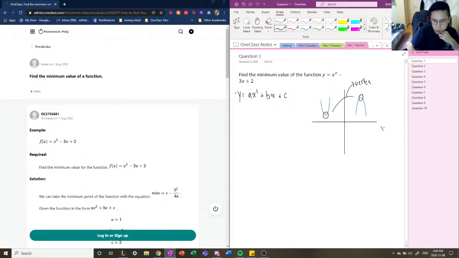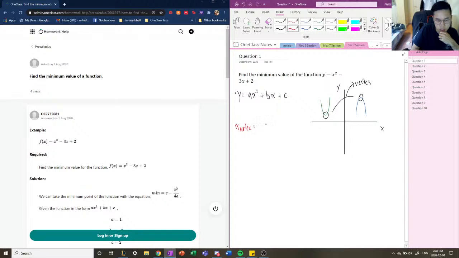There are two ways to do this. Well, essentially, there are actually three ways. The first way is that you can graph your parabola and visually locate where the minimum value is. The second way is that you can calculate the coordinates of the vertex by first finding the x coordinate of the vertex, given by this equation here.